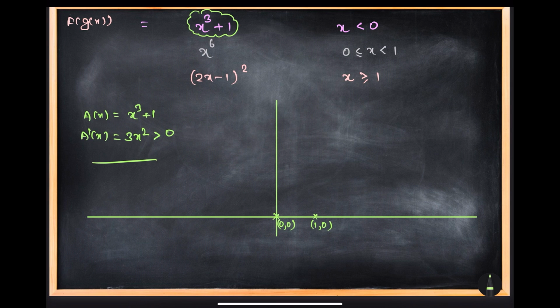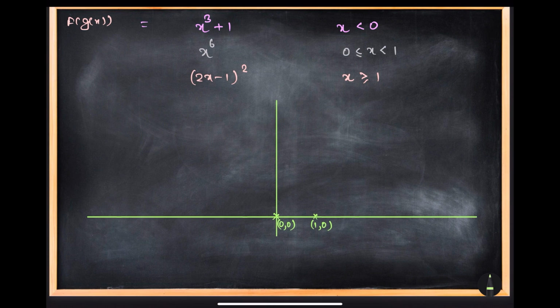So it is greater than 0 at every point except 0. Okay, so the differentiation is always positive. This means the given function is increasing. So the given function is increasing, meaning at minimum input it will give minimum output, at maximum input it will give maximum output. So the minimum input is minus infinity.